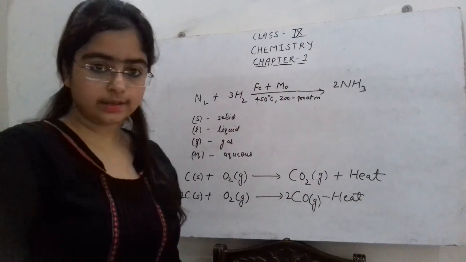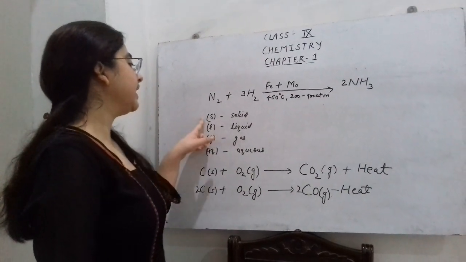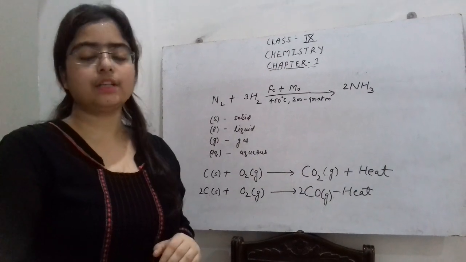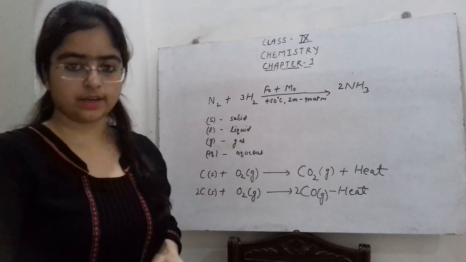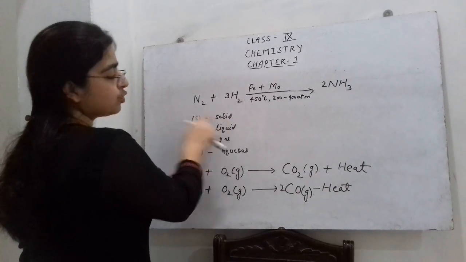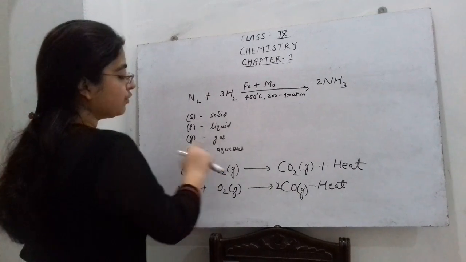In the same way, we can also use certain letters for writing the physical state of the reactants and products. We can use the letter S for solid, L for liquid, G for gas, AQ for aqueous.